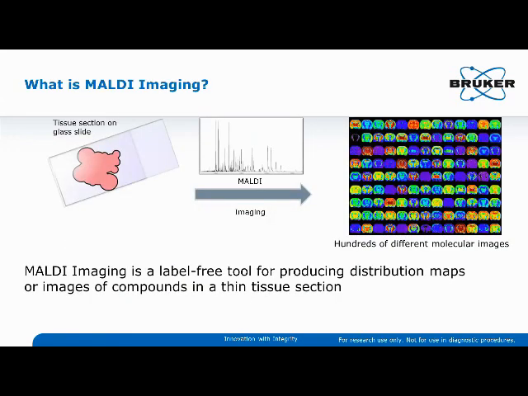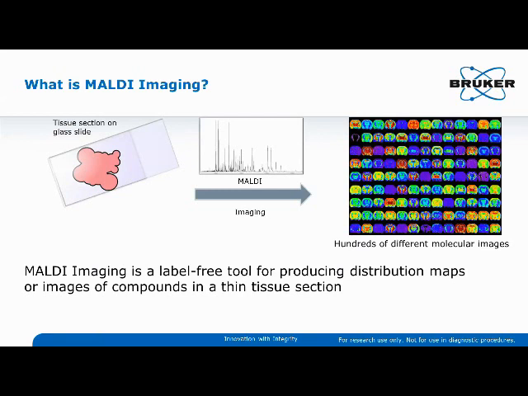And one of those ways is using MALDI imaging. MALDI imaging, in a nutshell, is described as a label-free tool for producing distribution maps or images of compounds distributed throughout a thin section of tissue. As illustrated here, we start off on the left with a thin section of tissue on a microscope slide.